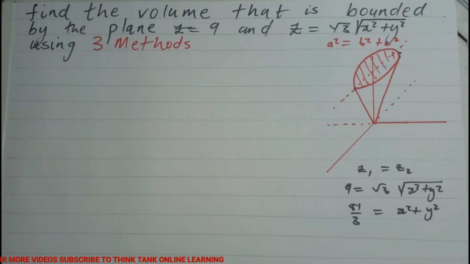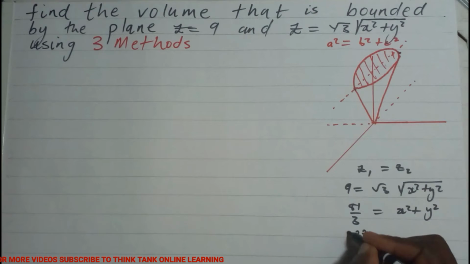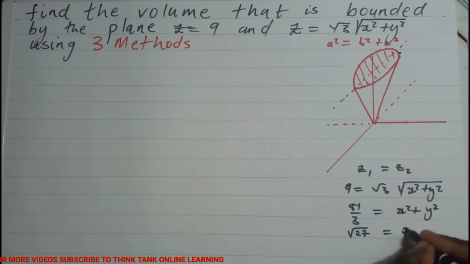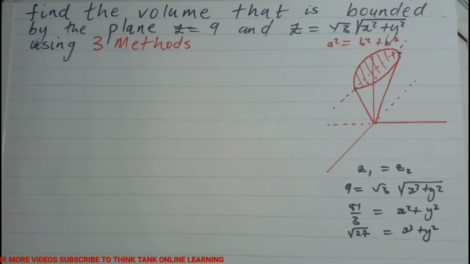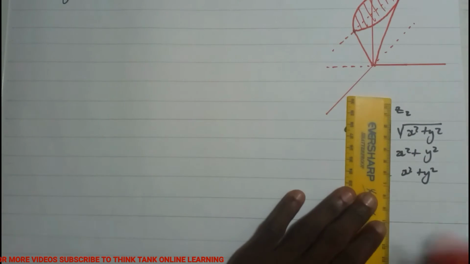The equation of a circle is r squared equals x squared plus y squared, and 81 divided by 3 is 27. So the radius is root 27, since root 27 squared is 27.